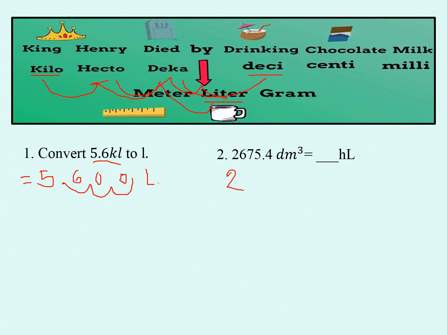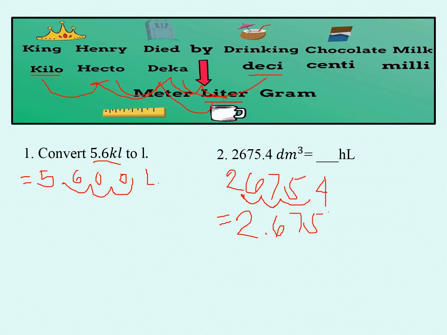So, we have 2, 6, 7, 5.4. Then, magmumove tayo ng 3 beses pa left. So, we have 1, 2, 3. So, nandito na ngayon yung ating point. So, i-rewrite ko lang. So, we have now 2.6754.